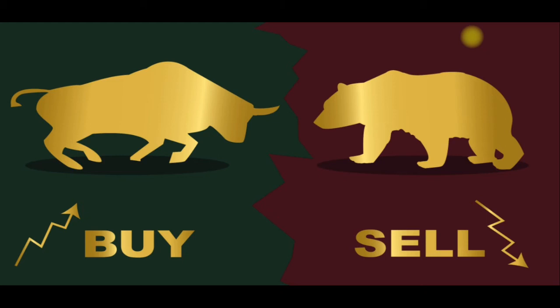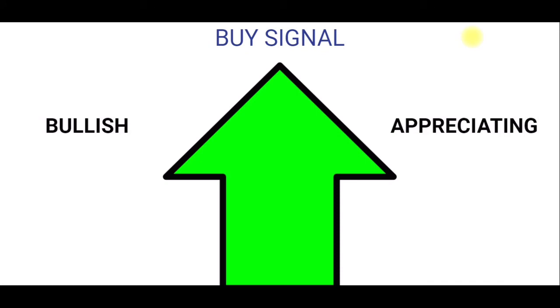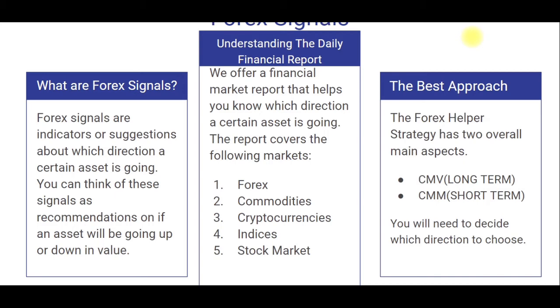The buy is usually associated with green, and the sell is usually associated with red. All right, so these are the different types of symbols associated with those two different signals. We have the buy and the sell, the bullish signal and the bearish signal, appreciation and depreciation in value. All right.